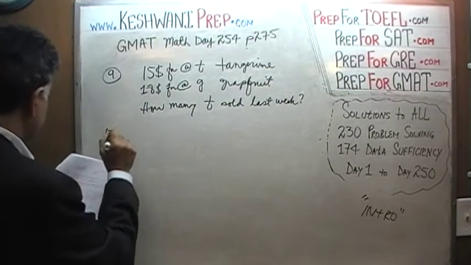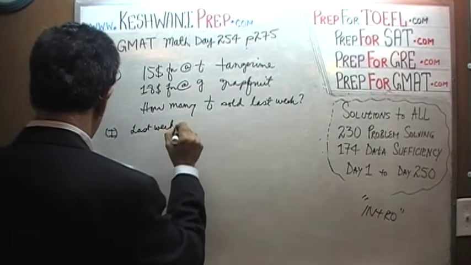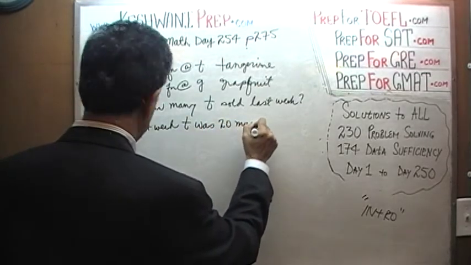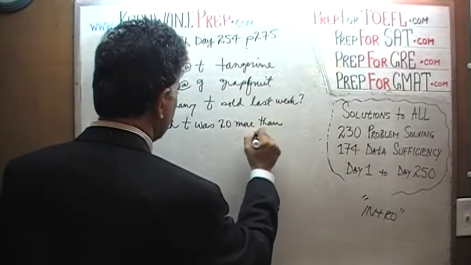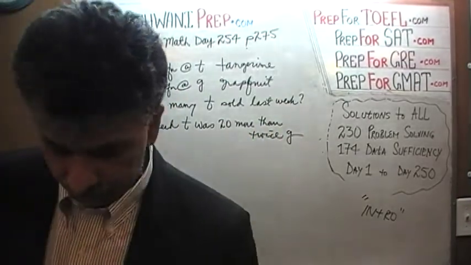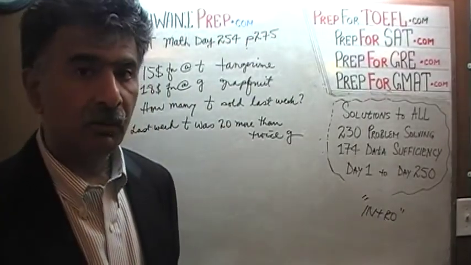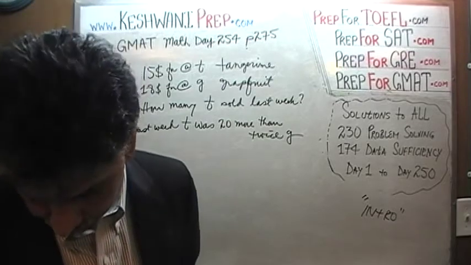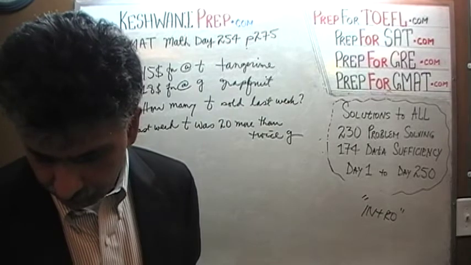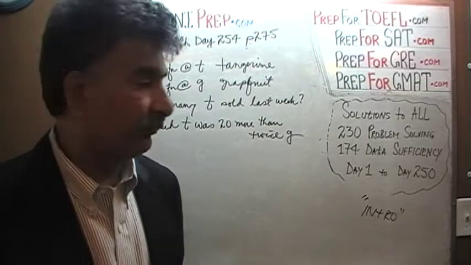The first statement tells us that last week, T was 20 more than twice G. The number of tangerines sold was 20 more than twice the number of grapefruit sold. Let's see how the book says it. Last week the number of tangerines the grower shipped was 20 more than twice the number of grapefruit.